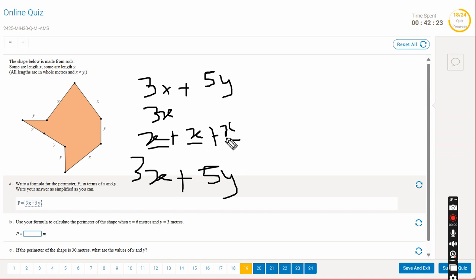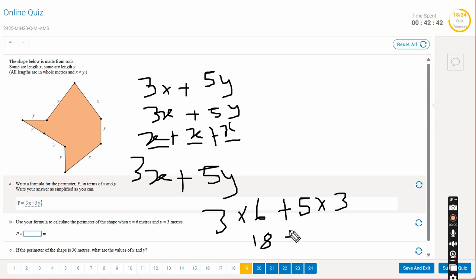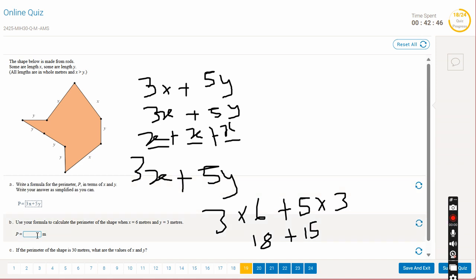So it was being added 3 times, and the unknown is x. So 3x plus 5y. Now we just put 6 in place of the x, so 3 times 6 plus 5 times 3. So 6 times 3 is 18, plus 5 times 3 is 15, which gives 33. Just add them and you'll get the answer.